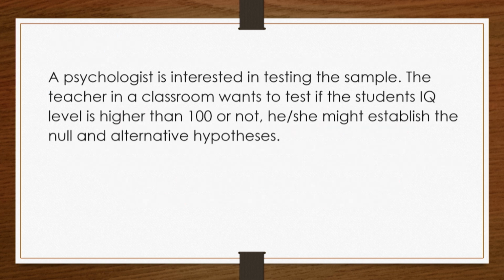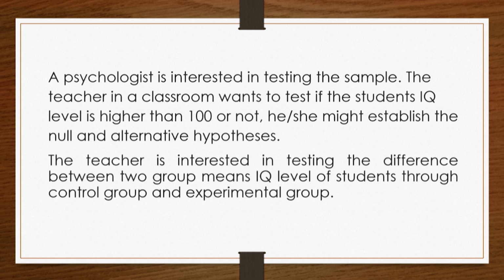A psychologist is interested in testing the sample. The teacher in a classroom wants to test if the students' IQ level is higher than 100 or not. He or she might establish the null and alternative hypothesis. The teacher is interested in testing the difference between two group means of IQ level of students through a control group and experimental group.